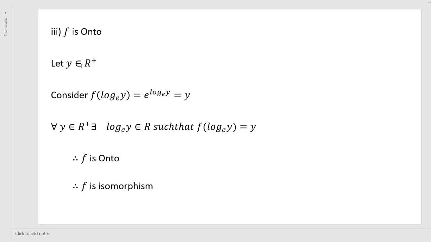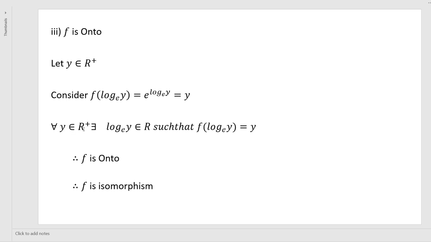f is onto. Let y belongs to R+. Consider f(log y to the base e), that can be written as e^(log y) by the function definition, that is equal to y, right?